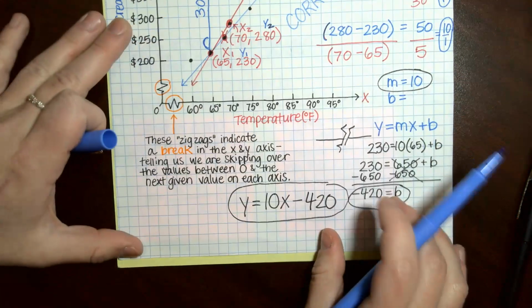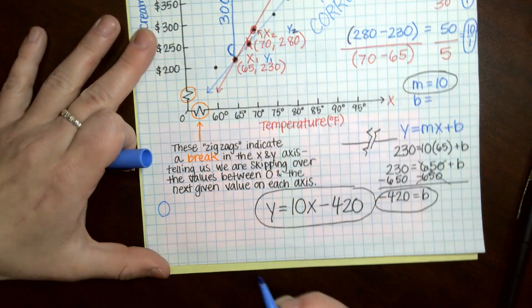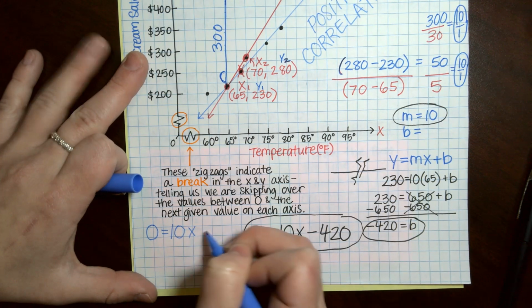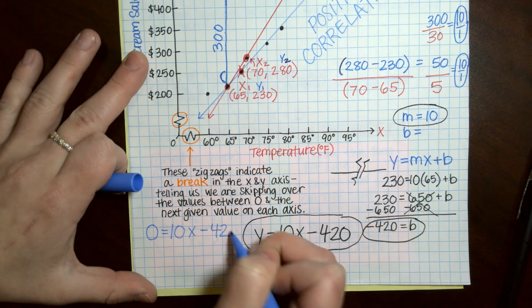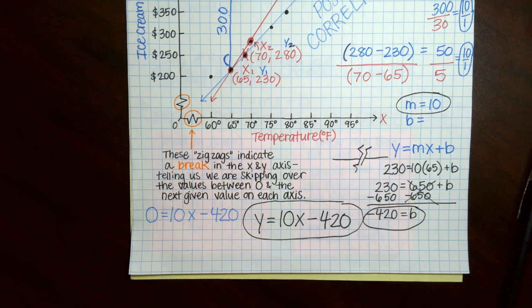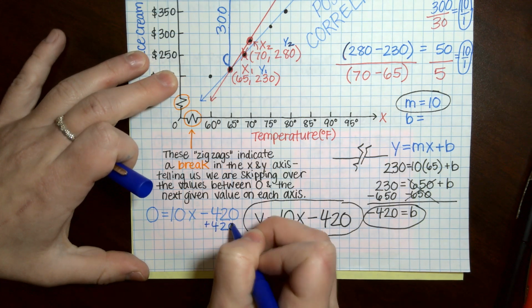So let's try that. Let's put 0 for y. 0 equals 10x minus 420. And let's solve this. What would I do first? Plus 420 on both sides, because we want to get rid of the 420.